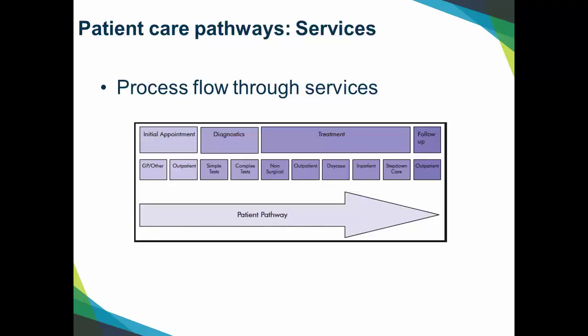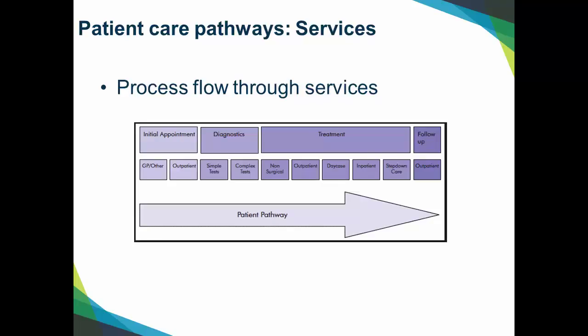So here you see a process flow through services going from the primary care physician or the GP through to the outpatient, into diagnostics, through to treatment, which might be in an outpatient clinic or might be as an inpatient, out at the other side, and being followed up in outpatients.